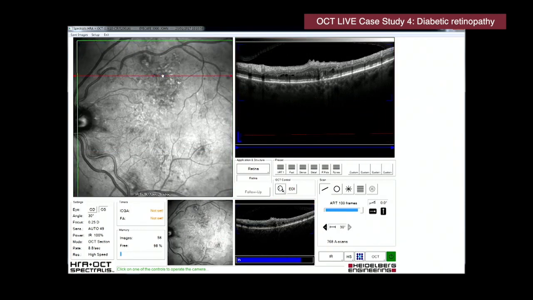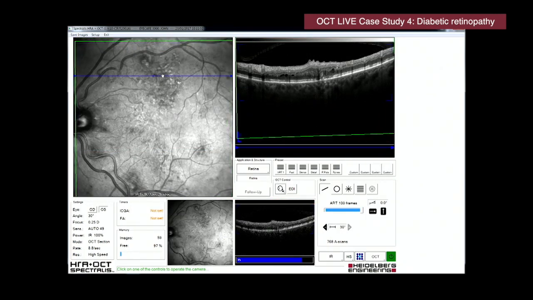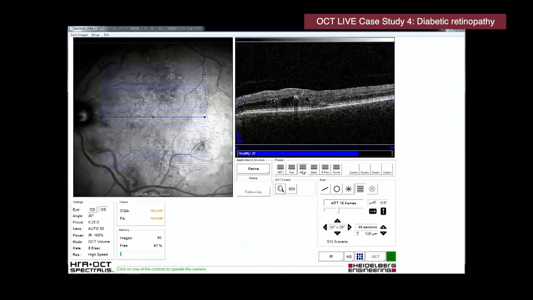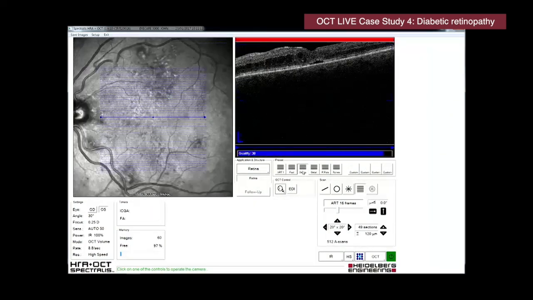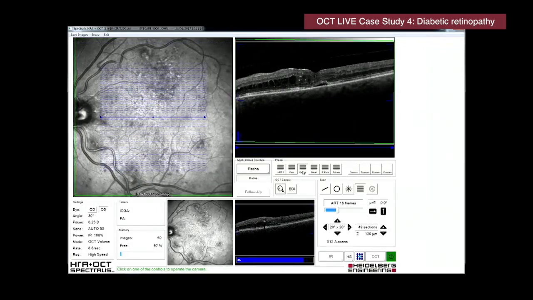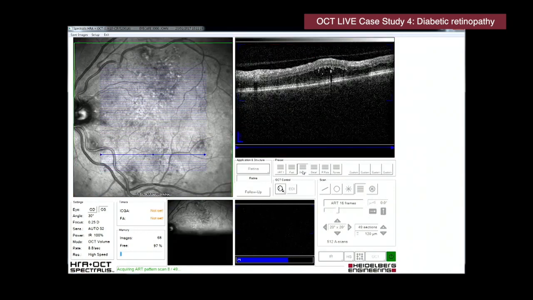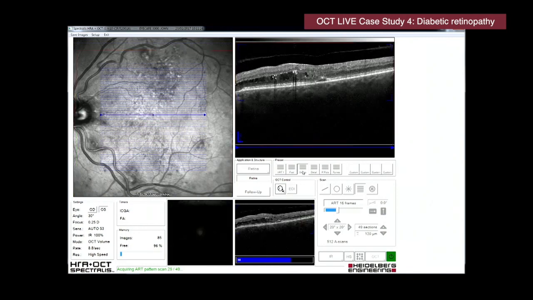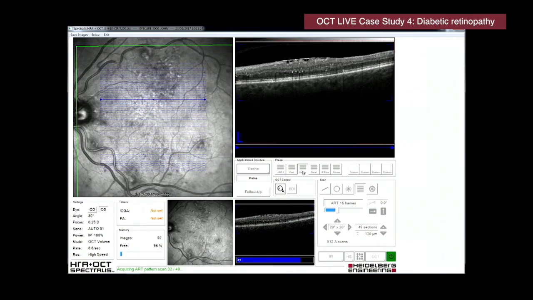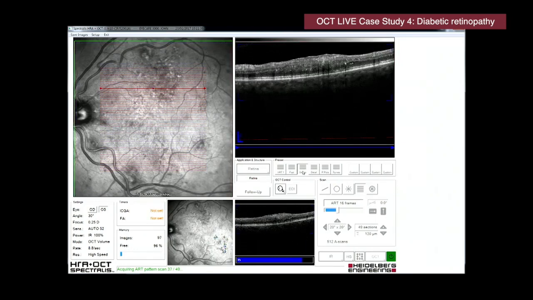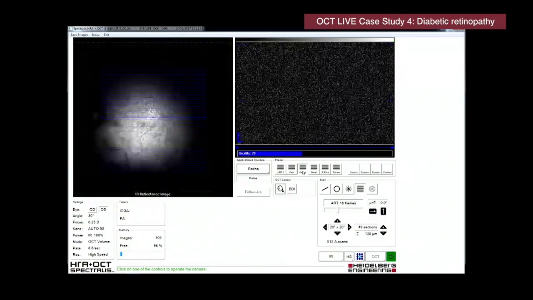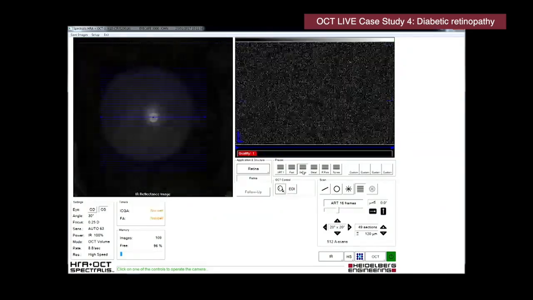That's it, perfect. And again, just a little bit higher. Okay. And macular volume scan as well. Okay, right, we'll escape there.